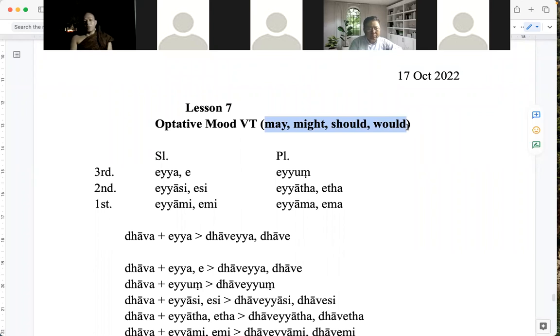Here is just a basic translation, not the exact meaning of the optative mood.